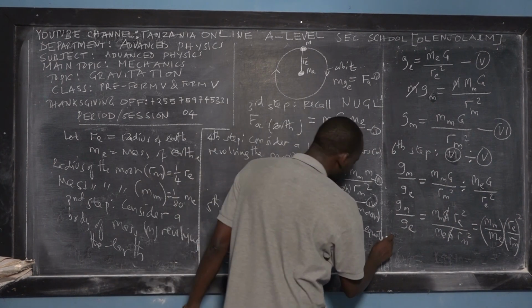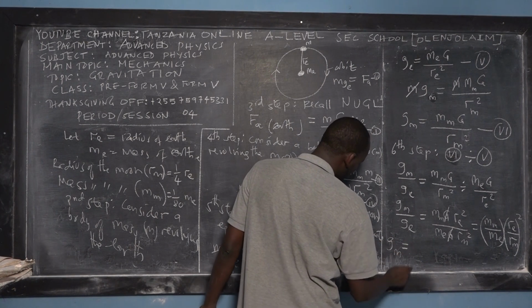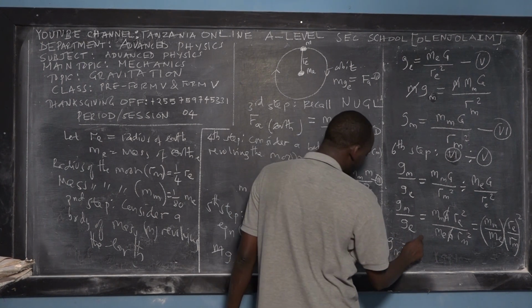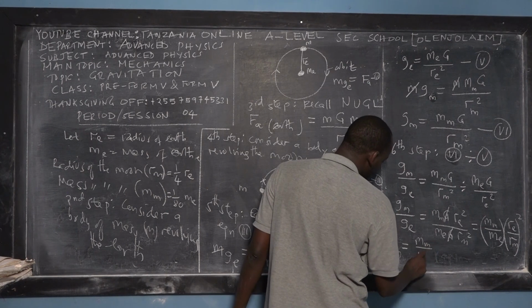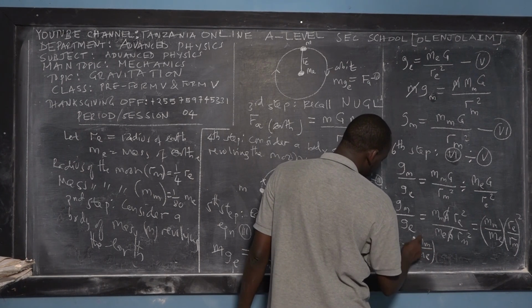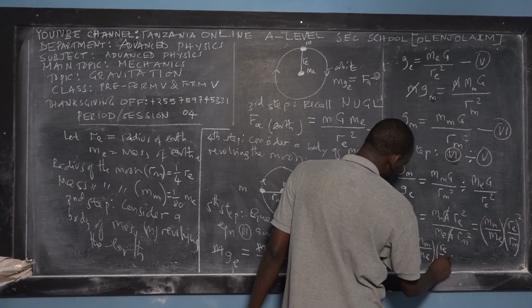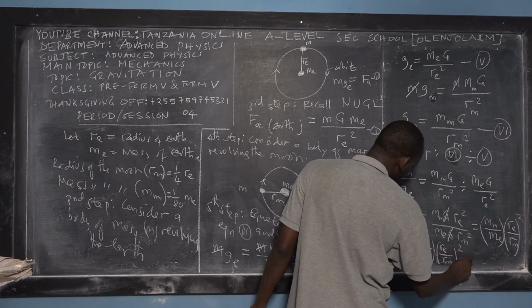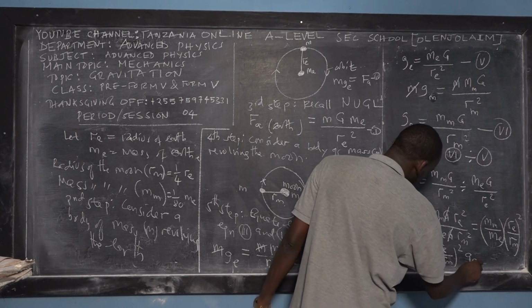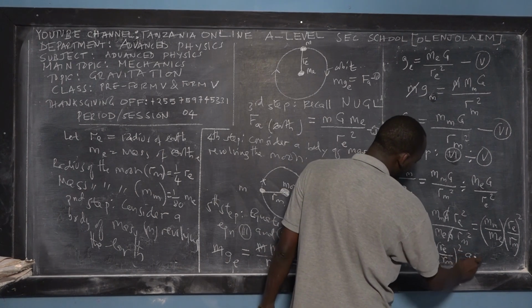So for that case, you say that the acceleration due to gravity on the moon surface is the mass of the moon over the mass of the Earth, times the radius of the Earth surface over the radius of the moon surface, squared, times the acceleration due to gravity on the Earth surface.